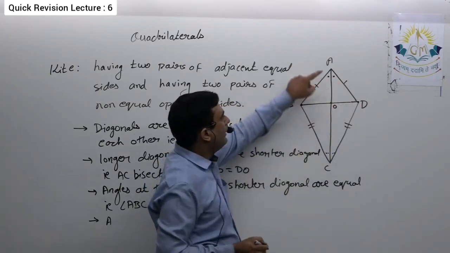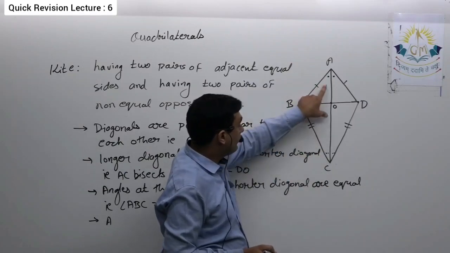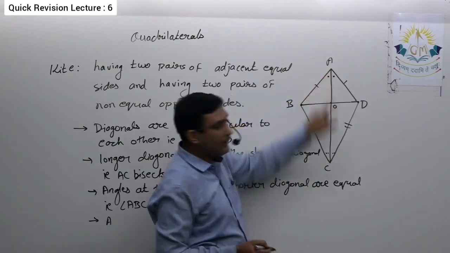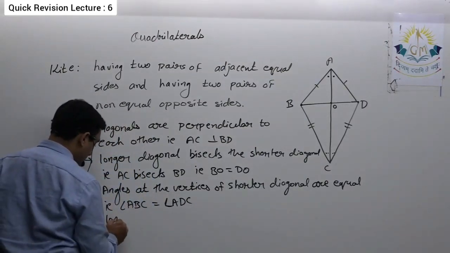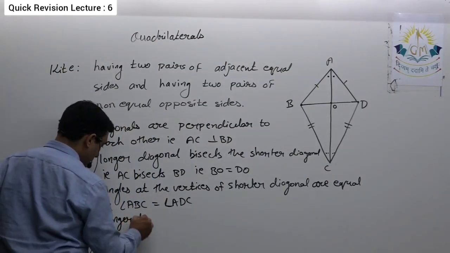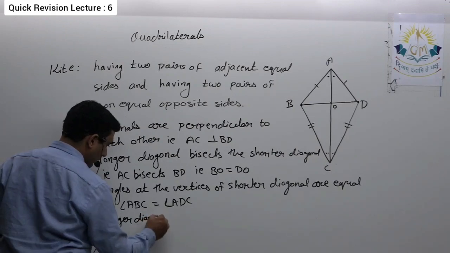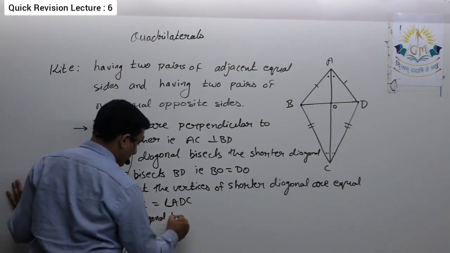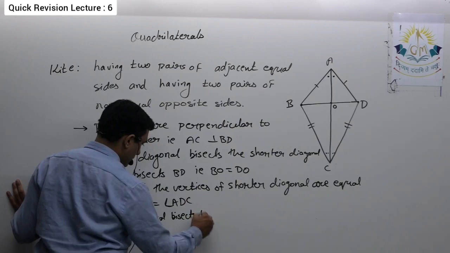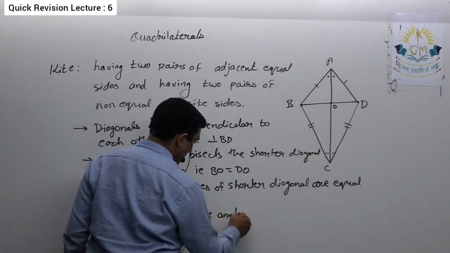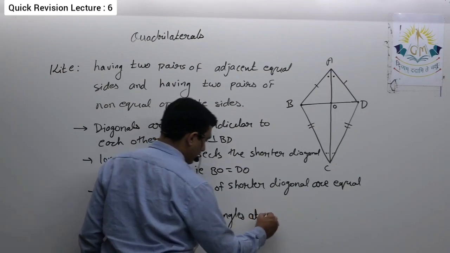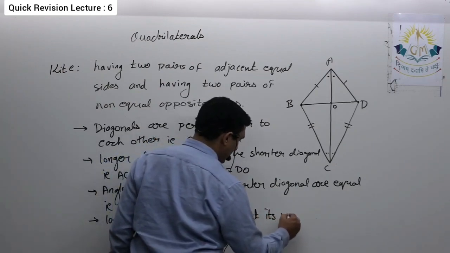So the longer diagonal bisects the angles at its vertices.